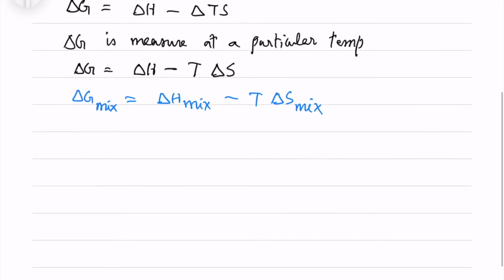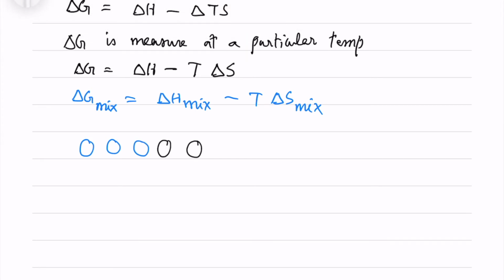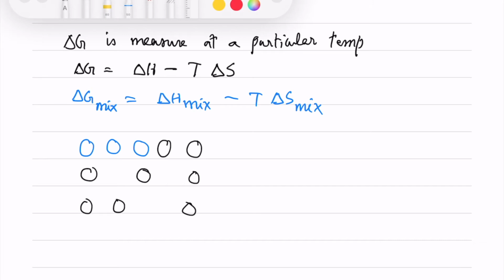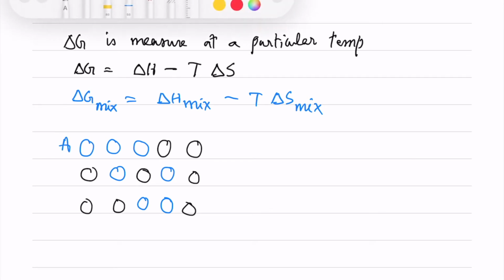So when you are mixing two atoms, so there is A atoms and there is B atoms. So this is A and this is B atom.